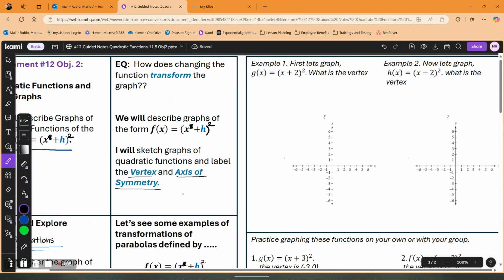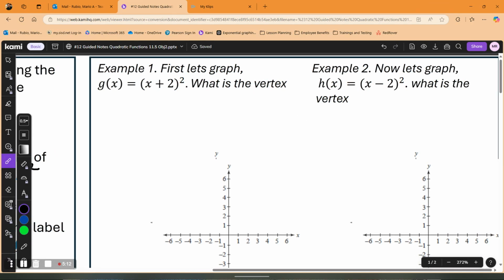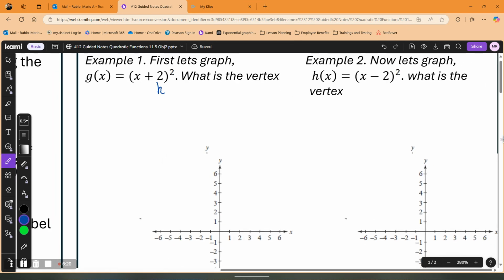Let's take a look at some examples. It'll make more sense here. First, let's graph g of x equals (x plus 2) squared. So remember, this is our h, and in this case, our h is a positive 2. So the graph of x squared will shift.